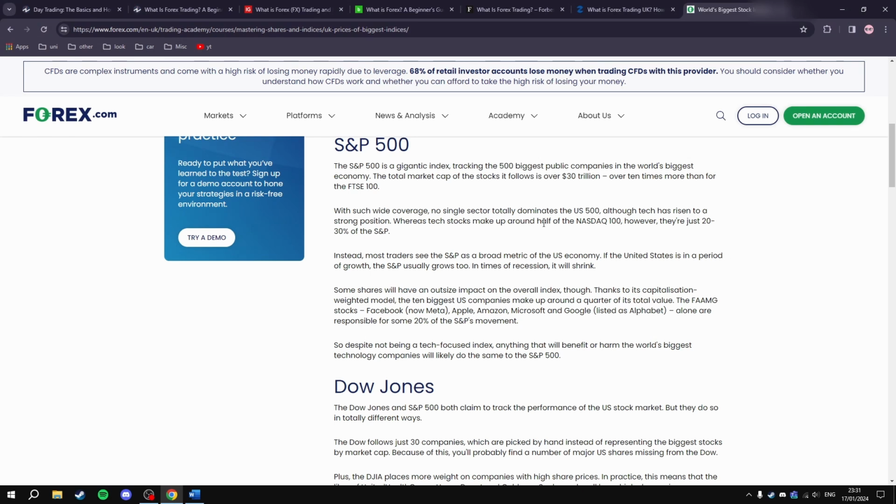S&P 500. The S&P 500 is a gigantic index tracking the 500 largest companies in the world's biggest economy.